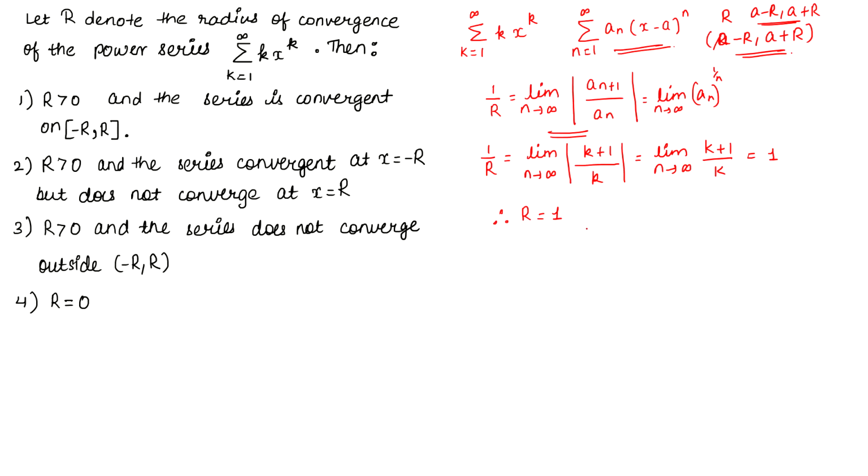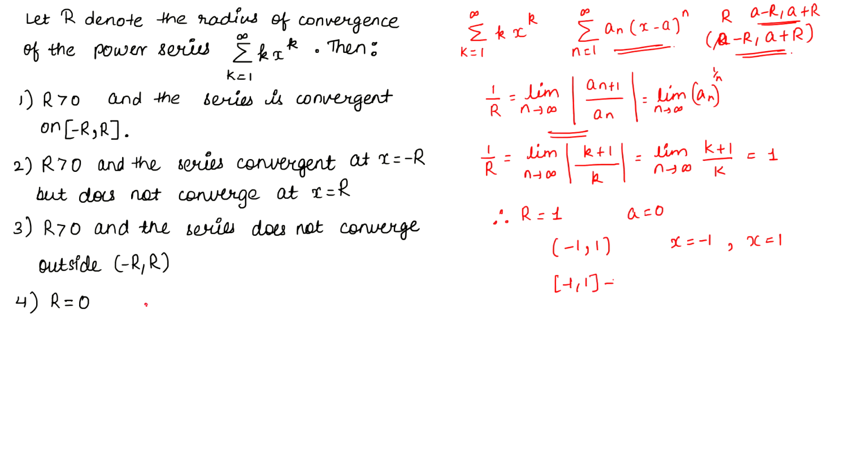So here a is equal to 0, so the series is convergent in open interval minus 1, 1 definitely. Then we have to check whether at x equals minus 1 and at x equals 1 the series is convergent or not. At any point outside the closed interval minus 1, 1 the series will be divergent.